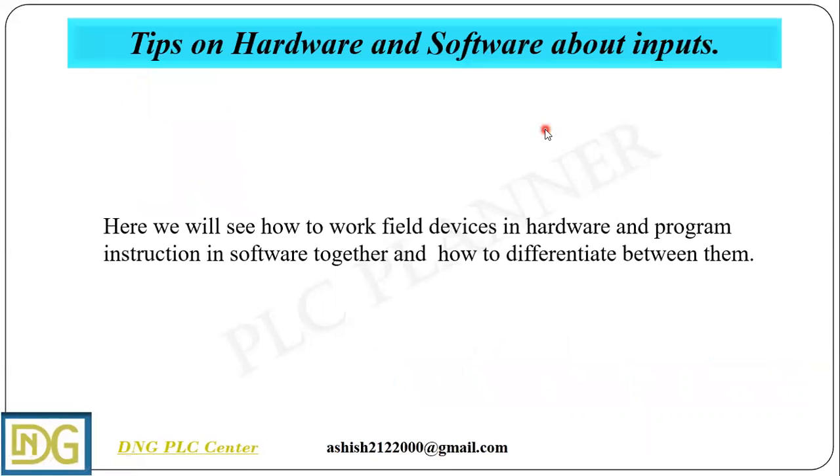After that, we have tips on hardware and software about inputs. Here we will see how field devices in hardware and program instructions in software work together, and how to differentiate between them.